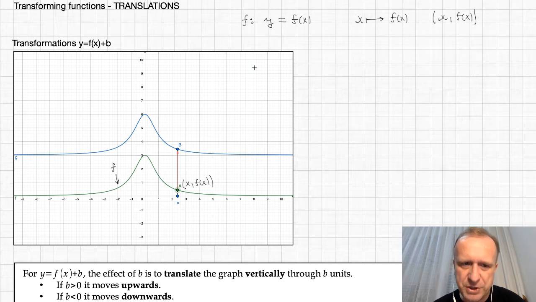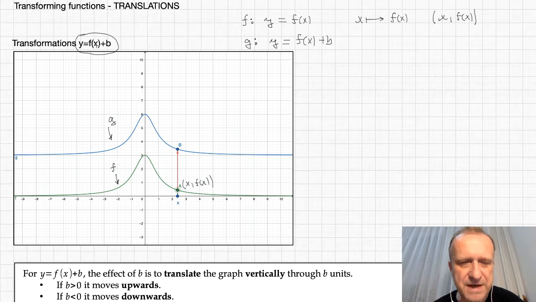Now imagine a second function which is called g, and this is the function here on the graph, and the function g is going to be given by the formula f of x plus b. This is the formula from this title. So these two functions should be somewhat related, and we should now discuss their relationship.